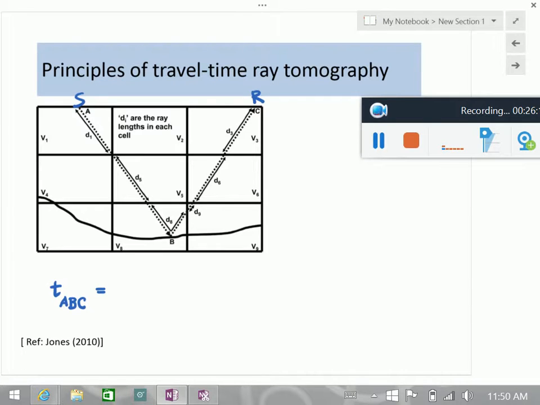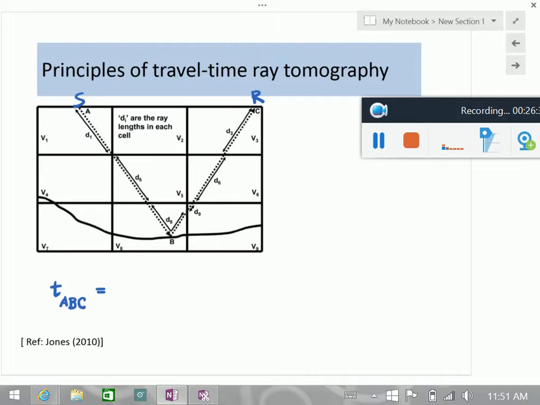From the geological information you have, if you are doing some work in seismology, or in NDT, from the information you have about your sample, you suspect something is going on. You have to start with an initial velocity model.